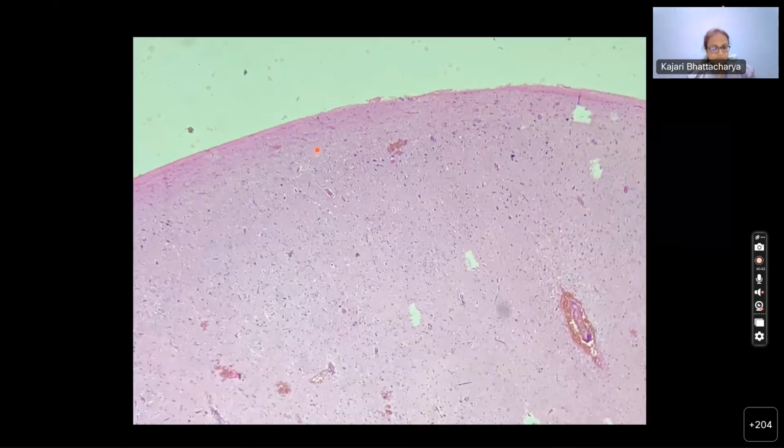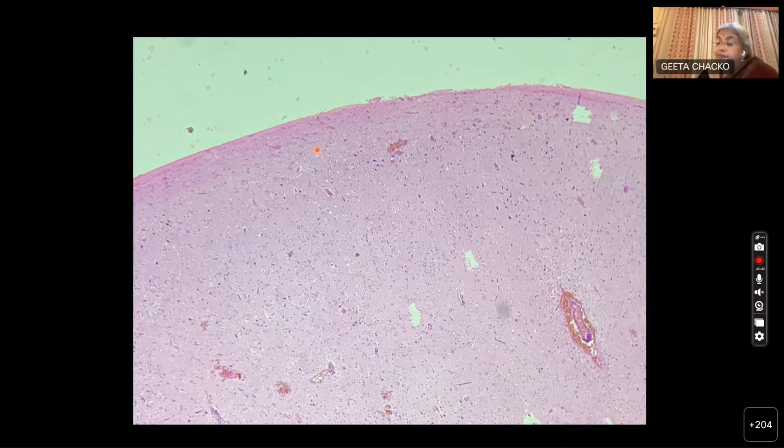Okay. So, Anvisha? Here we see an H&E stained section showing a diffusely infiltrating neoplastic oligodendrocyte. At this power, what can you see?